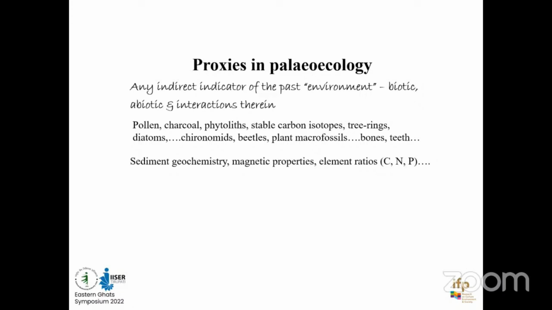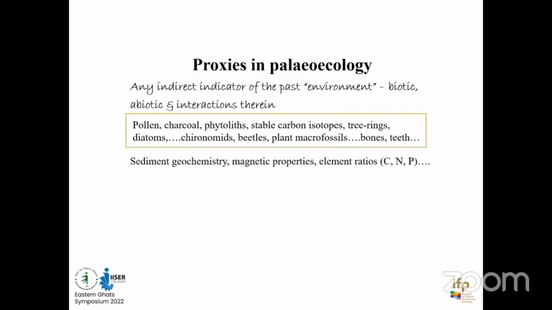But equally on the pollen slide, we find charcoal. We won't find phytoliths, because it's a complementary proxy and I won't speak much about it, but it's also a very important and powerful proxy, especially when you're dealing with archaeological sites, or if you want to understand the past of domesticating crops and issues like that.